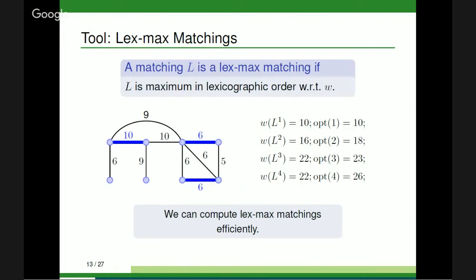Yes, every Lex-max matching has the same string of weights. So here this is W1, and the matching has weights W1, W2. So that's the definition. Good.